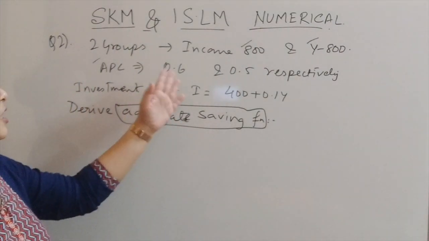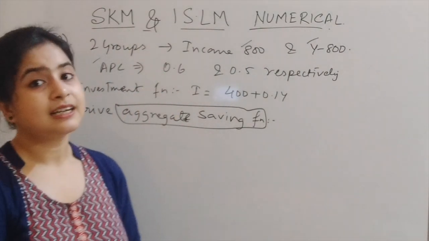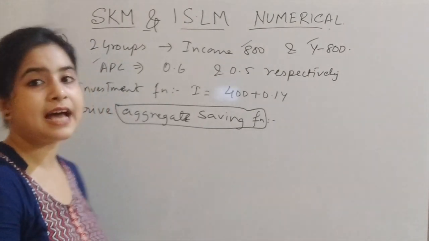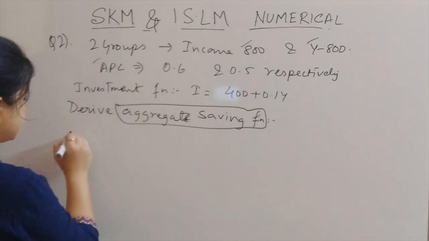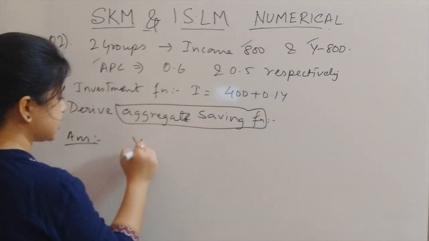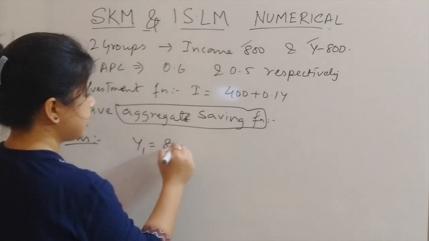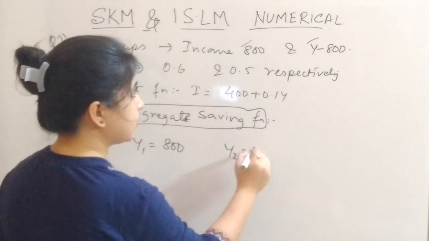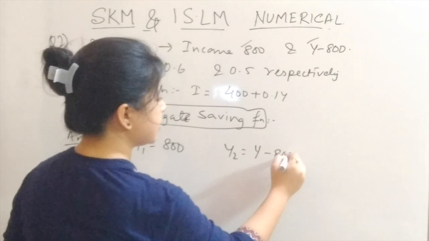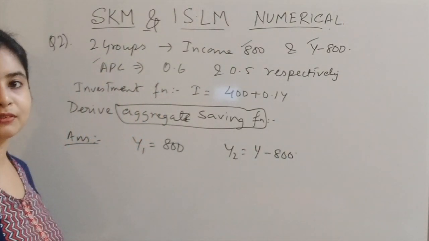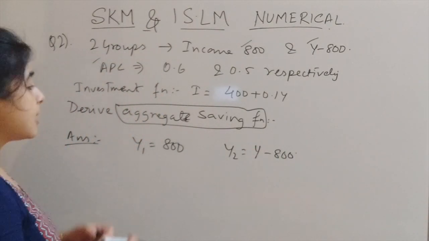Now, let us mark the given incomes of the two groups as Y1 and Y2. So Y1 is 800 and Y2, let's say, y minus 800. Okay?